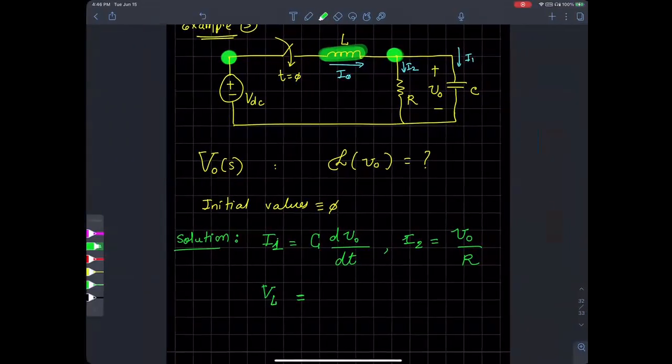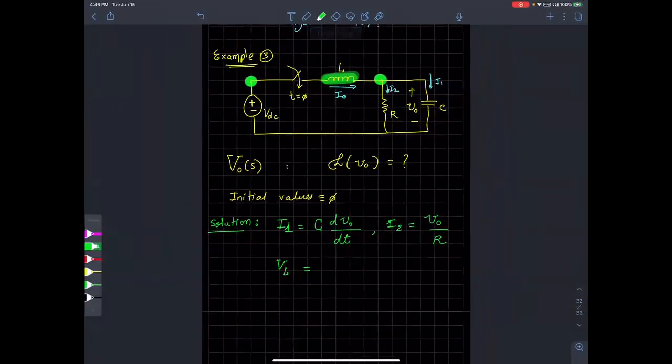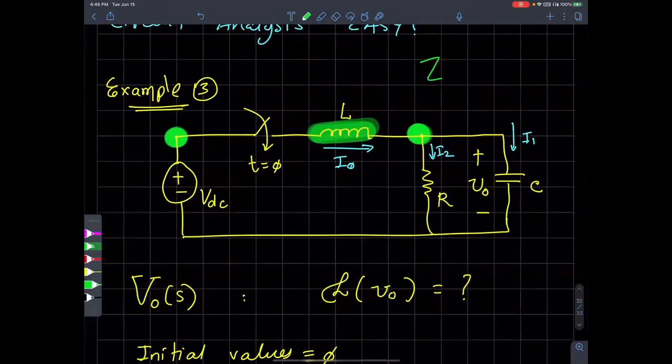You're all right. If you said ZL times I, you're correct. But we are still not using this ZL. ZL is J omega L, right? So in the J omega domain, we would have done that.